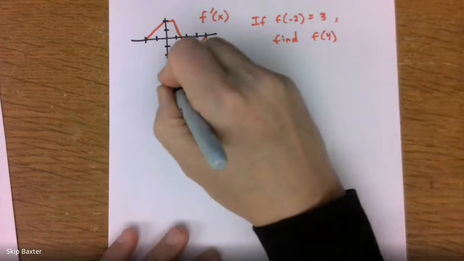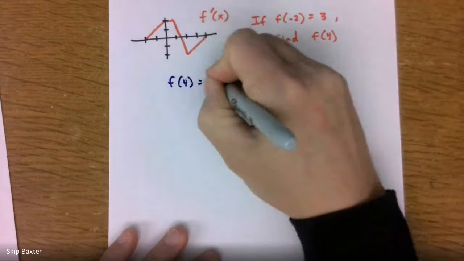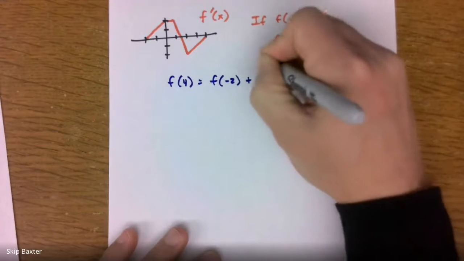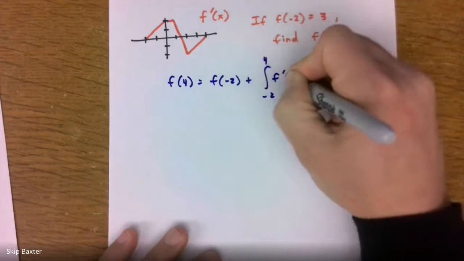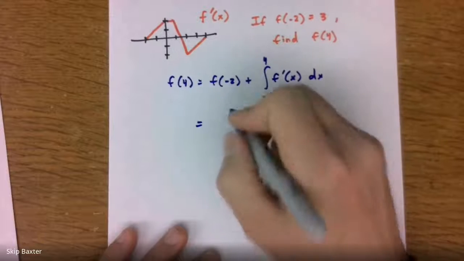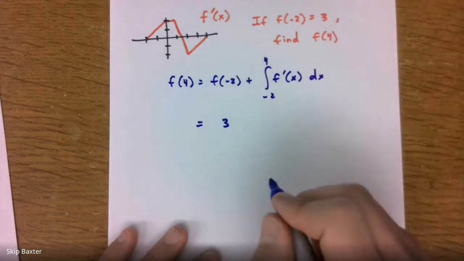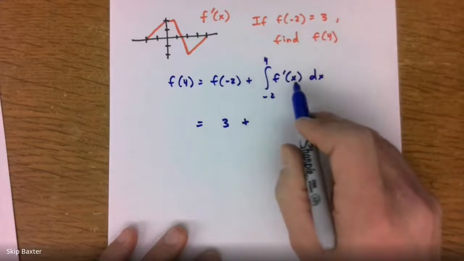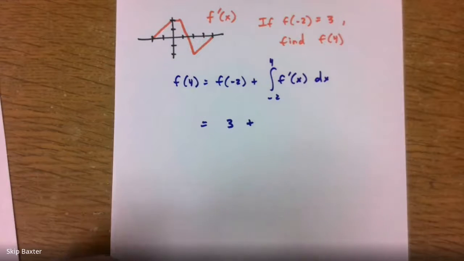You're just going to say f of 4 is f of -2 plus the integral from -2 to 4 of f prime of x. So f of -2 they're giving us outright. The integral from -2 to 4 of f prime, this is like yesterday's problems where you can think of this as a signed area.